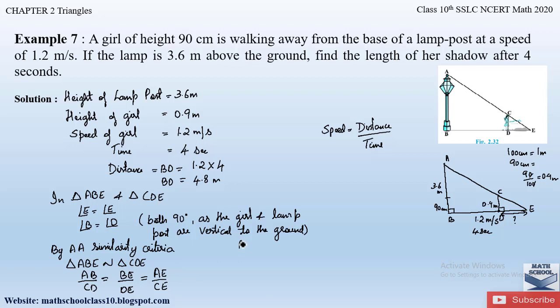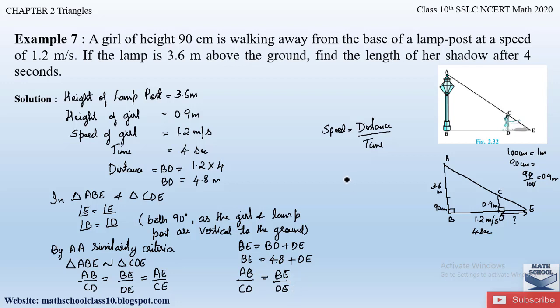So we can write BE is equal to BD plus DE. Substituting the BD value here, we will get BE is equal to 4.8 plus DE. So let us take the sides ratio, that is AB by CD is equal to BE by DE. Let us substitute the values of AB, CD, BE.